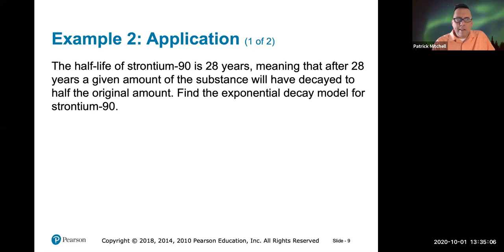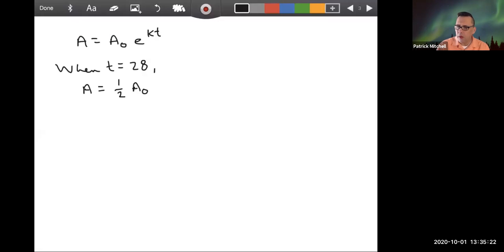So this is kind of similar to the first problem that we did with the population of Africa. We're just looking for a model, which really means that we're looking for the value of k. All right, so I've got this written down. So up top there, you see your exponential decay model.